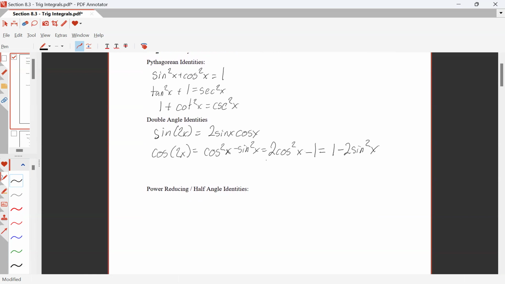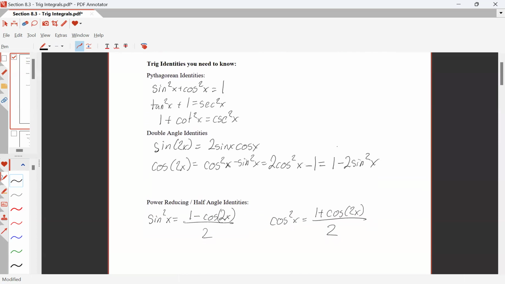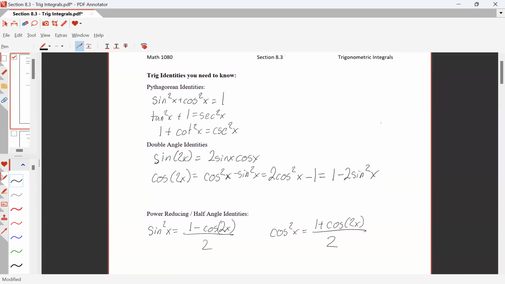If we rewrite solving for either the sine squared x or the cosine squared x, we get sine squared x is equal to 1 minus cosine 2x over 2. And solving for cosine squared x, we get cosine squared x is equal to 1 plus cosine 2x all over 2. And these formulas will be very helpful in many integrals.